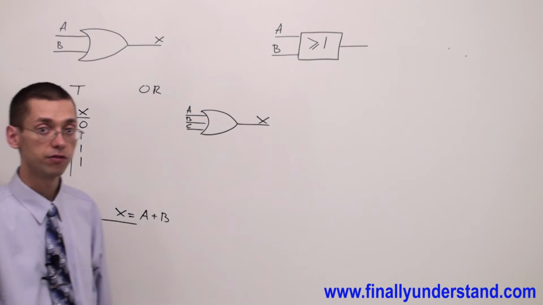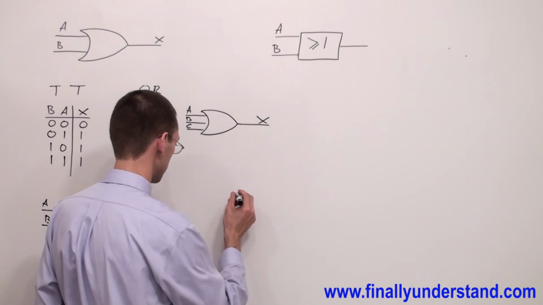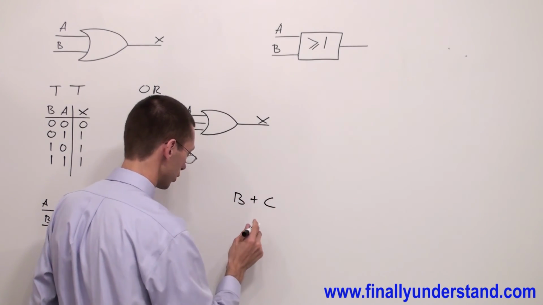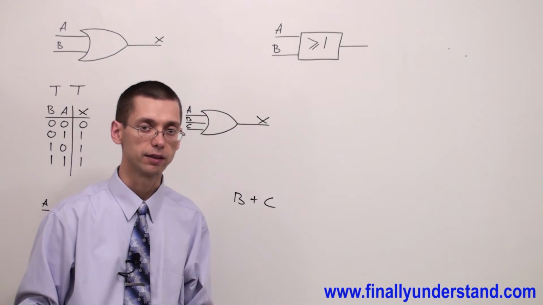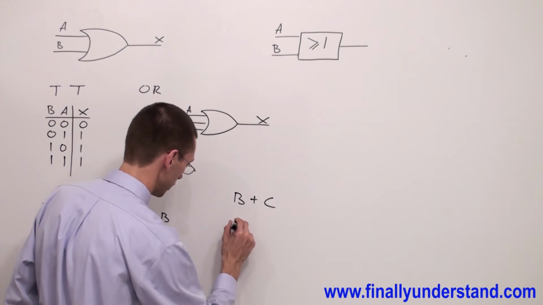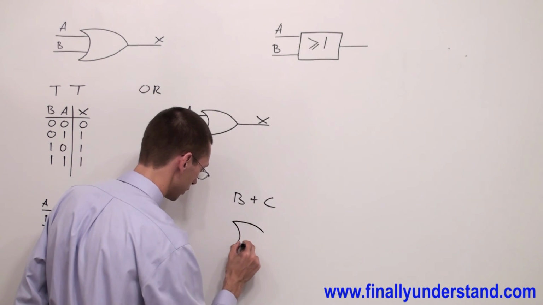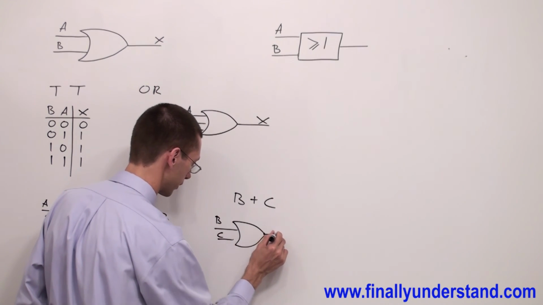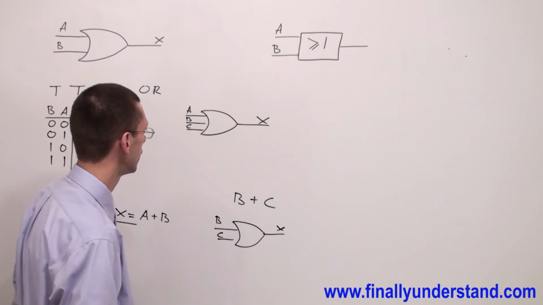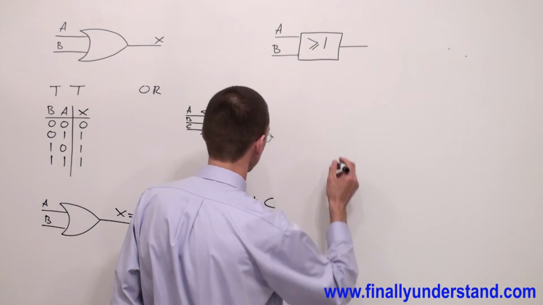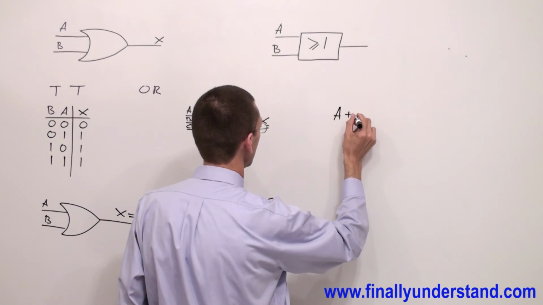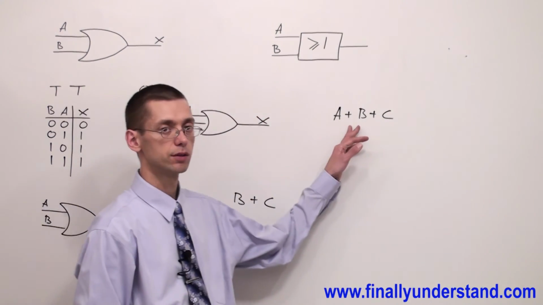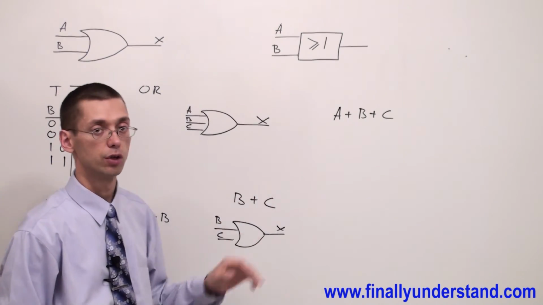For example, if you have an expression which looks like this, for example B or C, without thinking too long, you're supposed to automatically know that this is an OR gate which has two inputs, B and C, and output X. If you have, let's say, the expression A or B or C, this is nothing else but a 3-input OR gate.